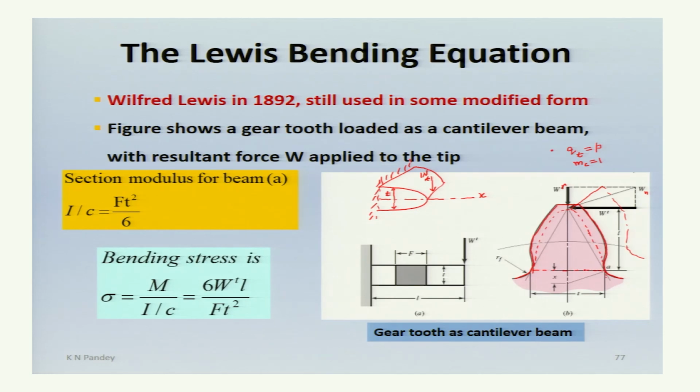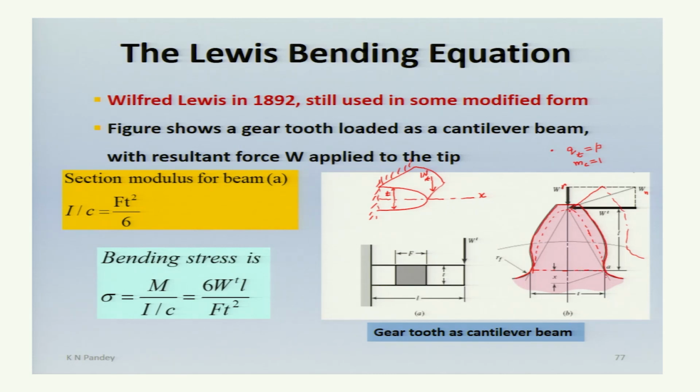And at this root, the bending stress will be maximum. Okay? And it is also clear that this beam of uniform strength shown in dashed line is tangent to this fillet, and so at the fillet they are touching tangent to each other.